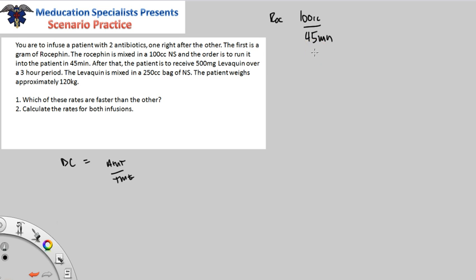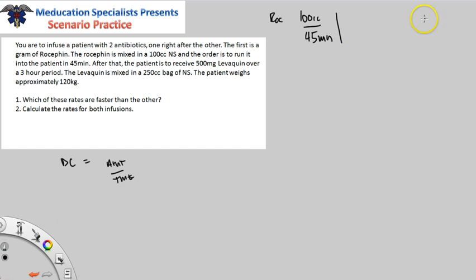If it's going to be 5 hours, then do 5 hours times 60 minutes and put that whole minute count there. For instance, if you're going to do 2 hours, then it would be 120 minutes here. Don't let it spook you. We're going to give this whole bag, which has a gram in it, by the way, 100 cc's in 45 minutes. Then we can do one of two things.